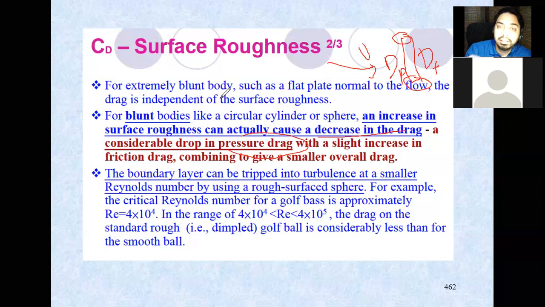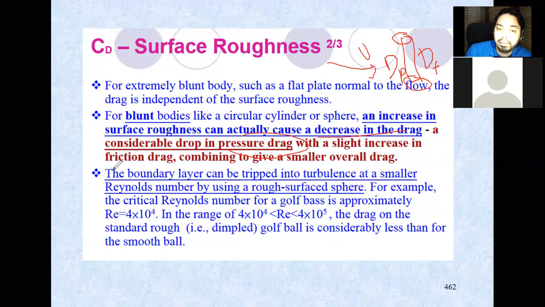But that's one example of putting a surface treatment to make it rough: it may increase the friction, but may decrease the pressure drag, the drag force due to the pressure difference.